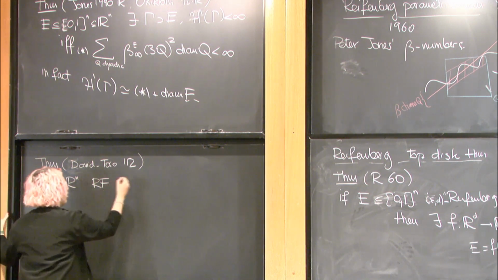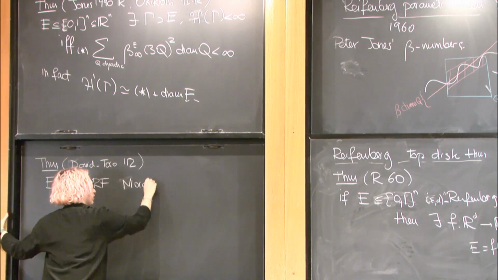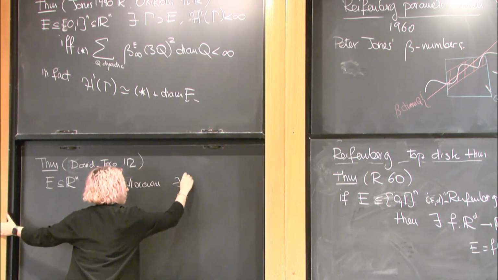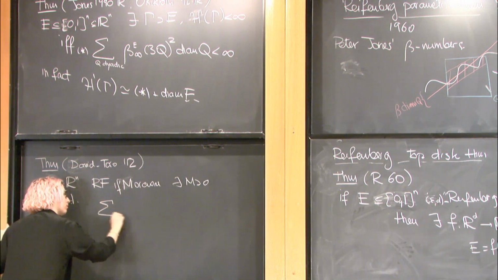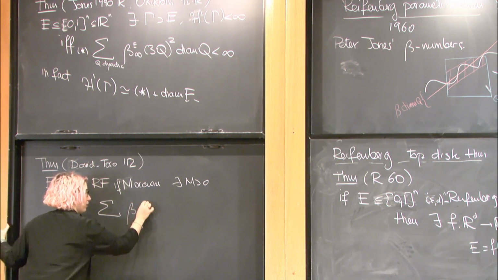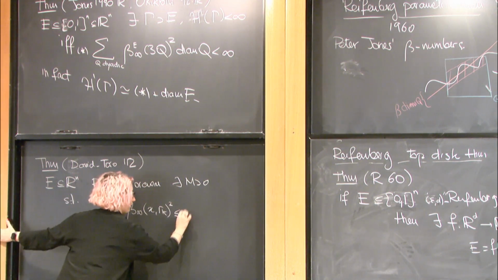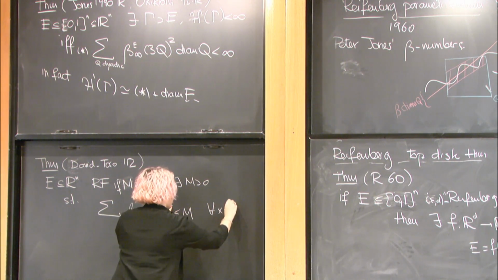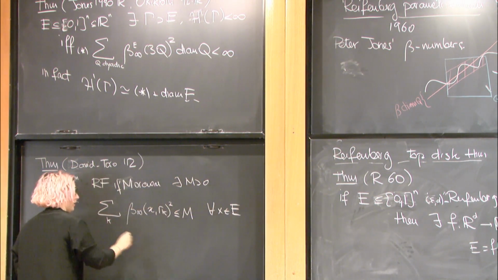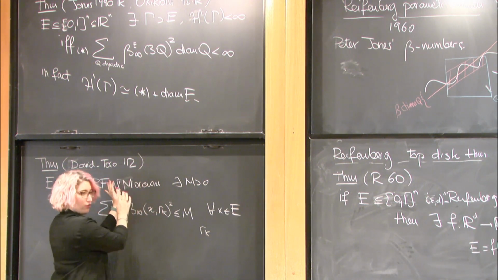And if moreover there exists a positive constant M such that the sum of beta infinity of x, r_k is less than M, and this is for every x in E, and I'm summing over k, and r_k, I would like it to be 10 to the minus k, just because that's how they proved it.